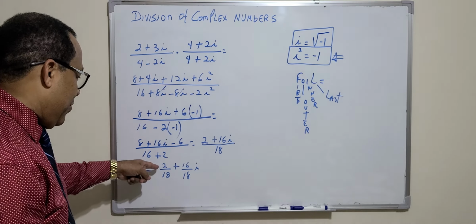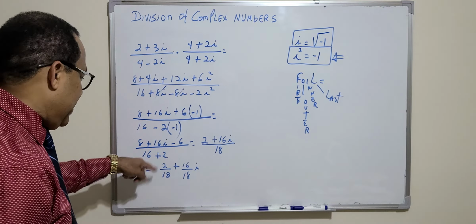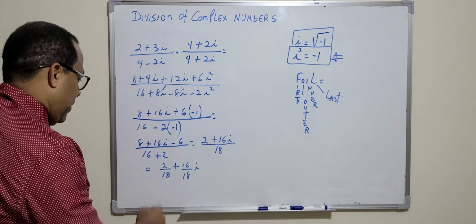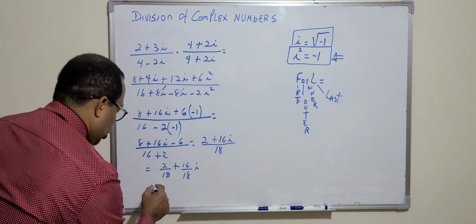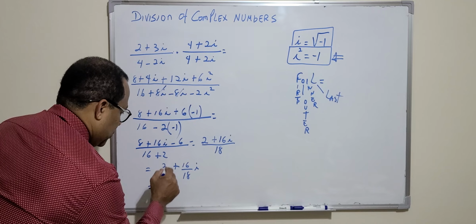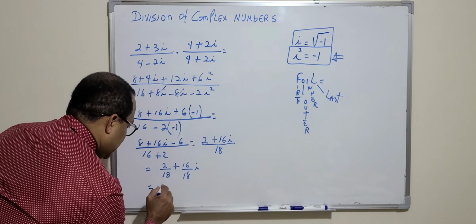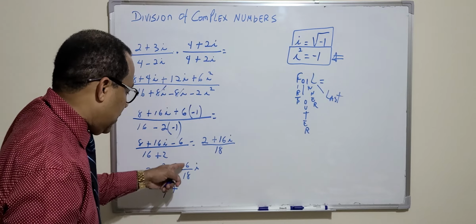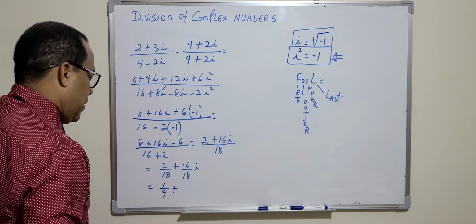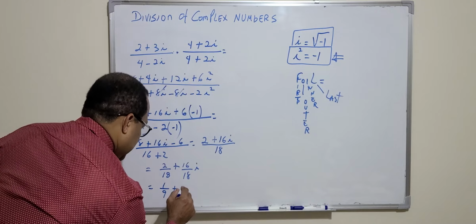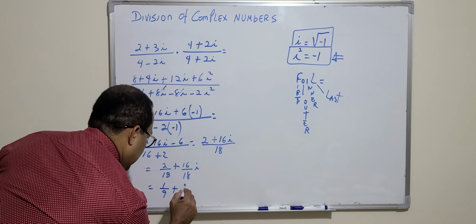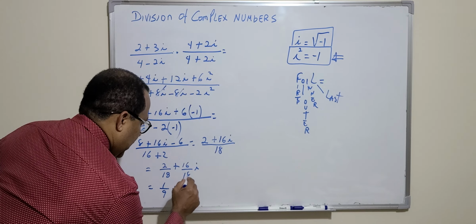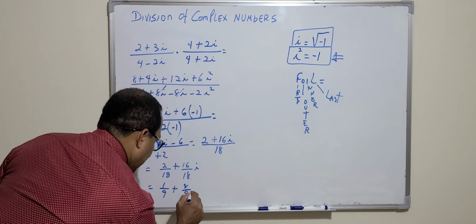And I may also simplify this fraction by getting half of each. So half of 2 is 1, half of 18 is 9. So this would be 1 over 9 plus, I can also simplify this, half of 16 is 8, and half of 18 is 9, i.